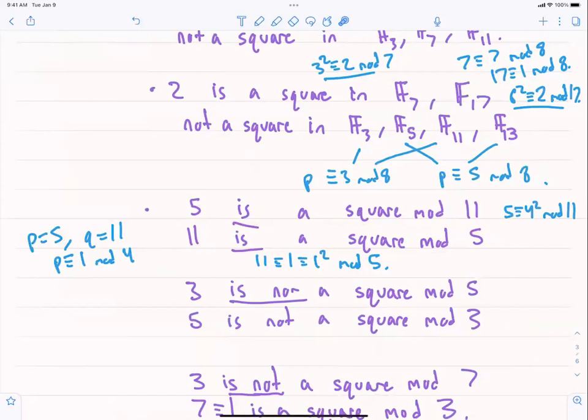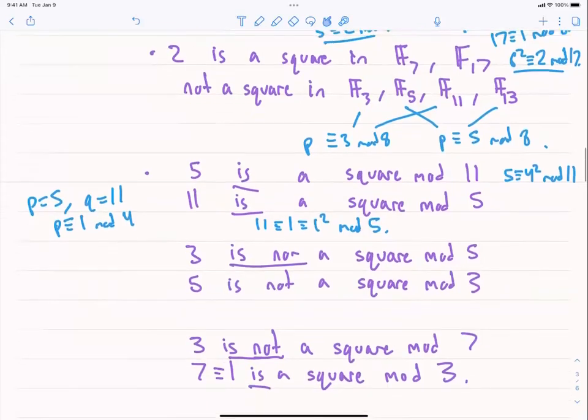Okay, let's check another example. So if we look at 3 and 5, well, 3 is not a square mod 5. The only squares mod 5 are 0, 1, and 4.